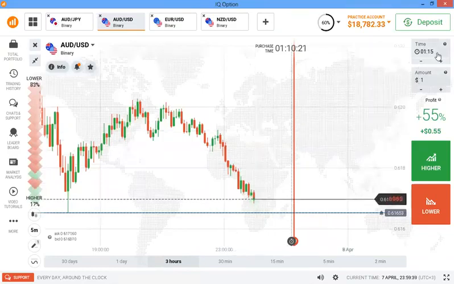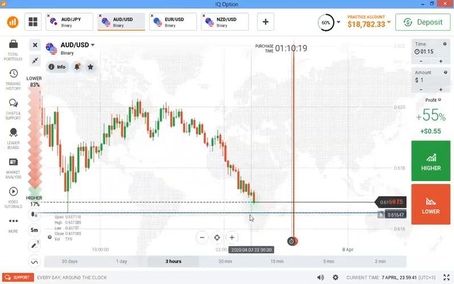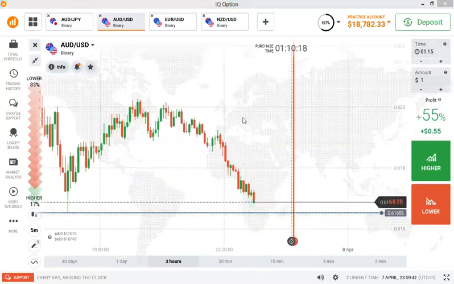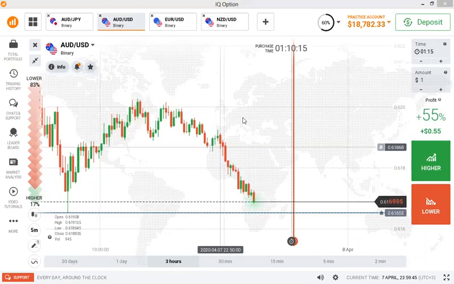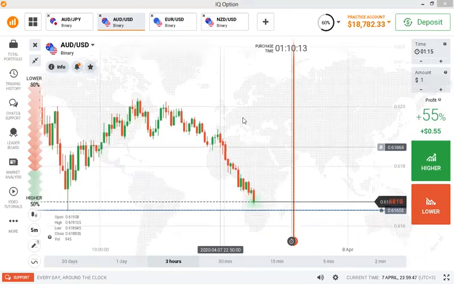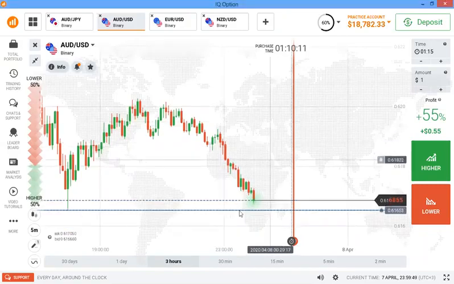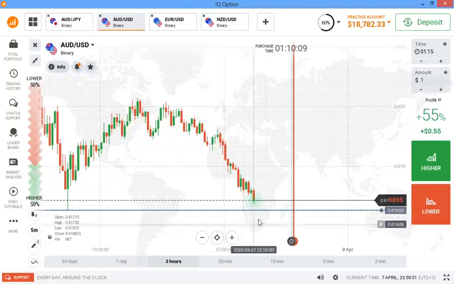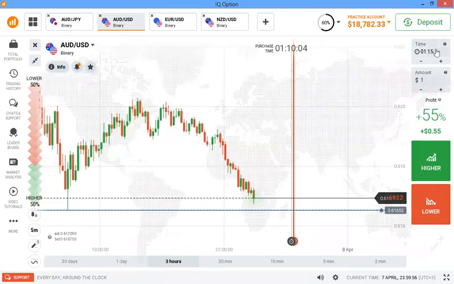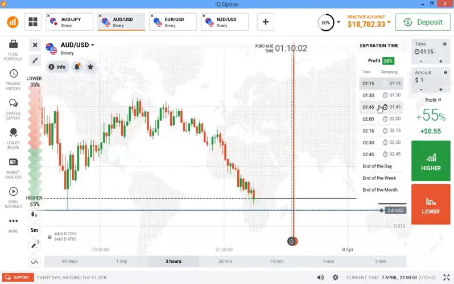So the signal can come in such a way: put or call at 0.61653 with expiry time 5 minutes. So once you see the signal, set the expiry time.